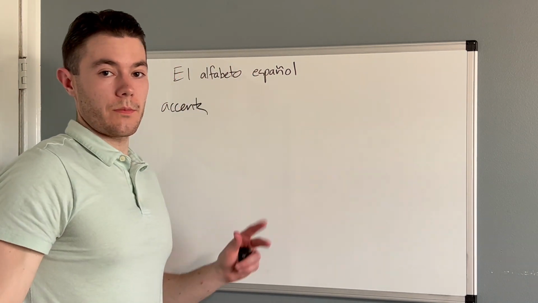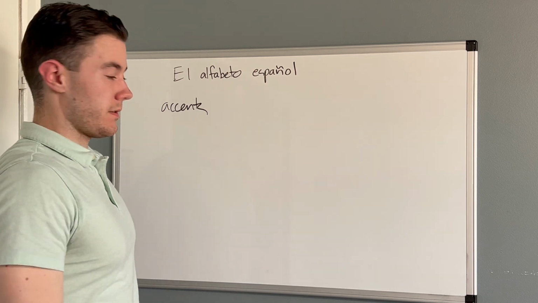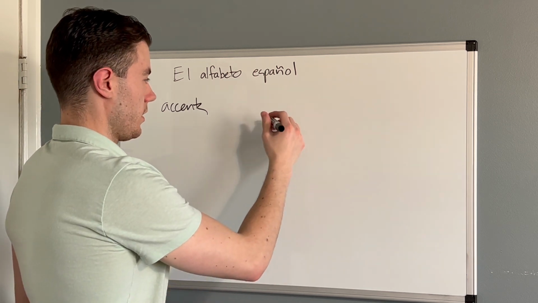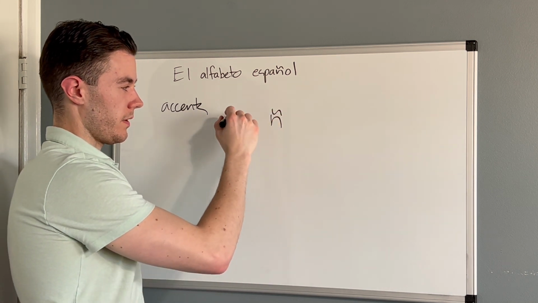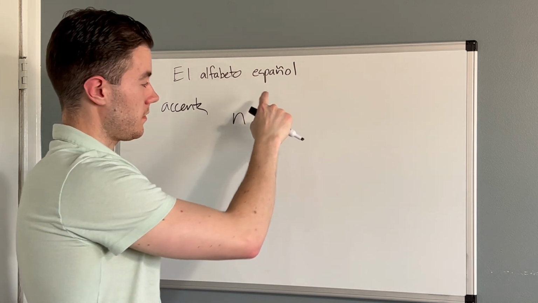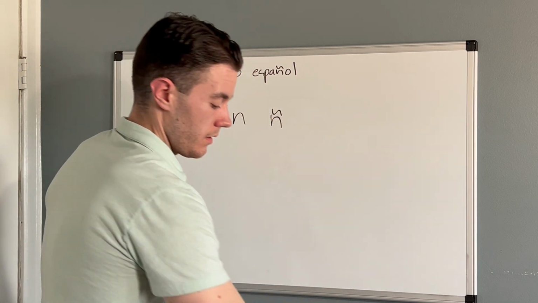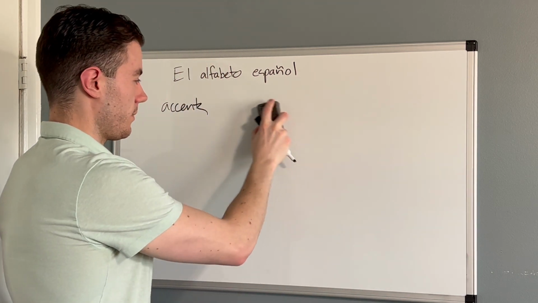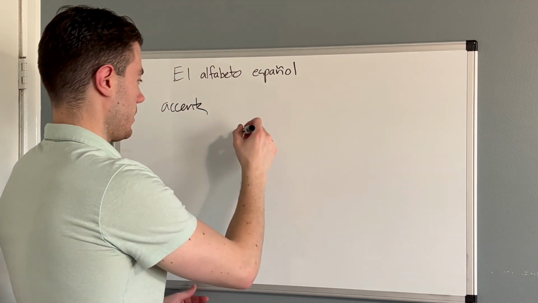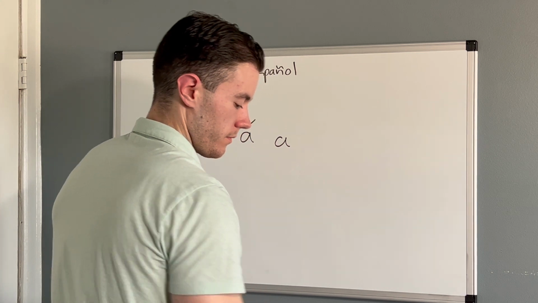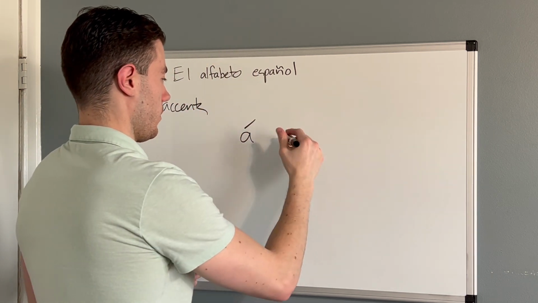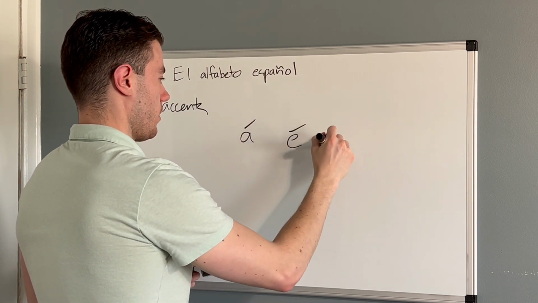Last thing I want to touch on before we end the video are accents, or specifically accent marks. We already saw one on top of an N that makes ñ. This is called a tilde. But the most common accent mark that you'll see in Spanish is this one. It's an upward dash over a vowel.